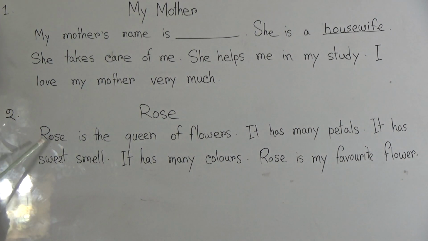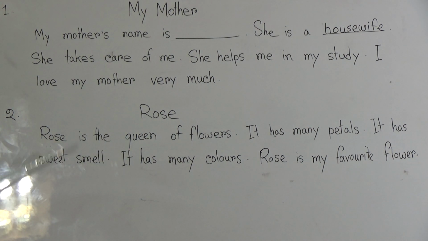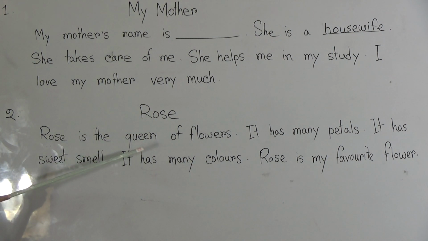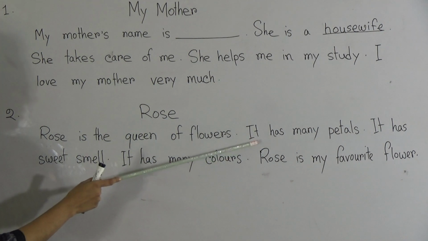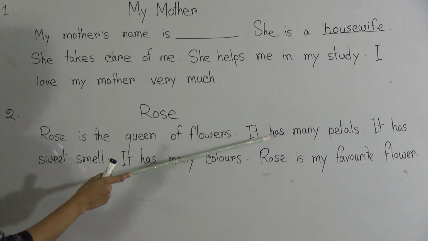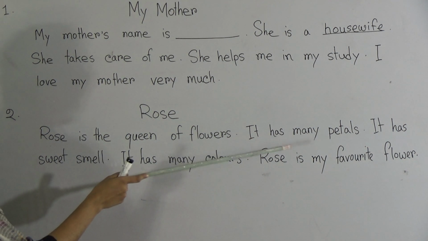Let's see again. Rose is the queen of flowers. A rose is a very beautiful flower and it is considered the queen of flowers. It has many petals. A petal is a part of the flower. You can see there are many petals in a rose.